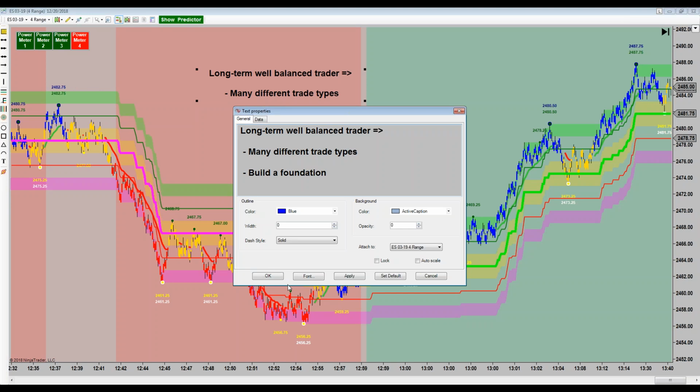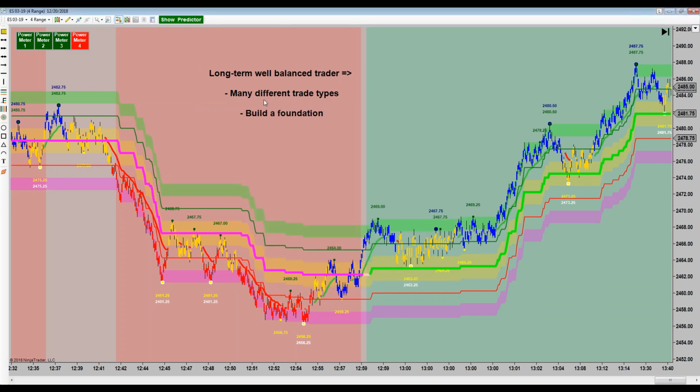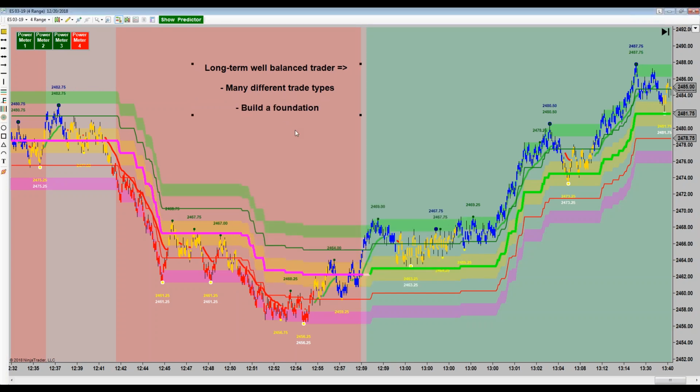Much like the house analogy, you're not going to start putting a roof on the house before you start with the foundation and the walls, and then you get the roof. It's very similar in trading. You have to have something that is your core go-to trade. And our feeling is that foundational core trade might want to be the mid-band trade. That's why I'm dedicating this entire hour to talking about mid-band trades.